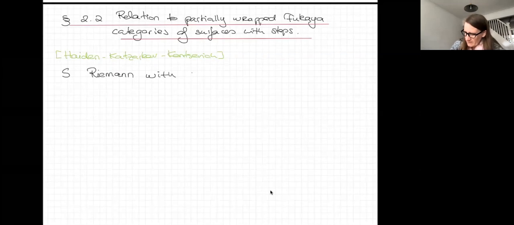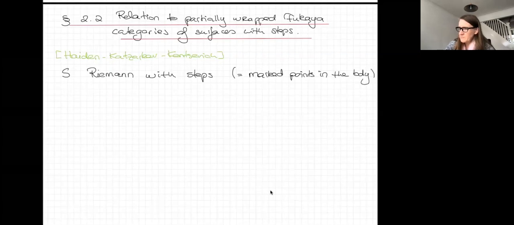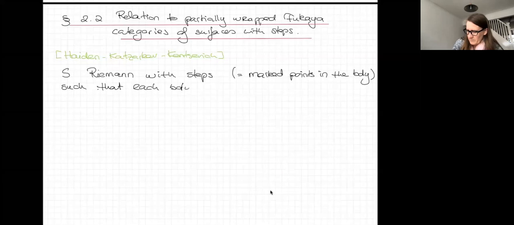And this surface has stops, what they call stops, and they denote them by strips of boundary segments. And we can think of these stops as marked points in the boundary. And we'll also ask that each boundary component has at least one stop.